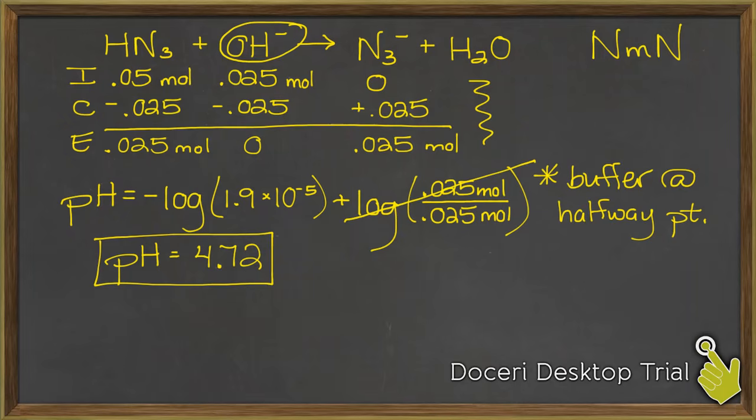And I could see that at the end of my NEWMAN ice table, I was left with a buffer, and not just any buffer, but a buffer at the halfway point, because my moles of weak acid and conjugate base were the same. So this whole term right there ended up just being crossed out. It equals 0. pH equals pKa at the halfway point. So final answer, my pH of the solution comes out to be below 7, and I've shown that mathematically.